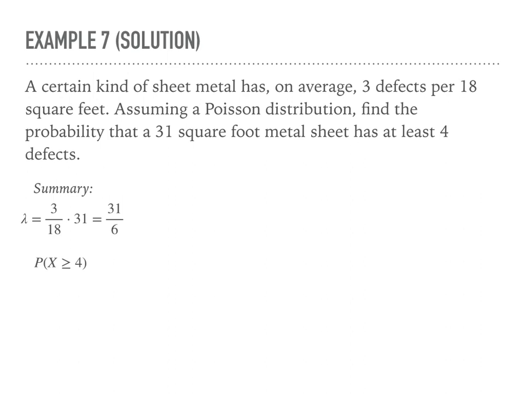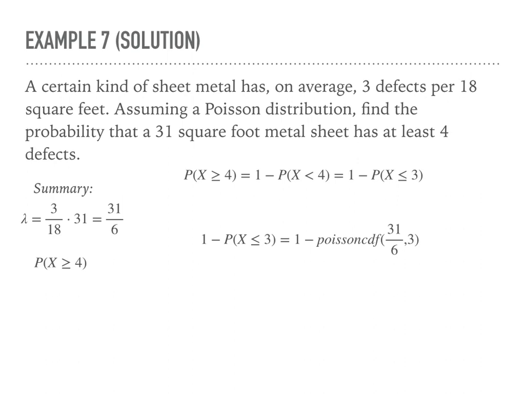This gives you 31 over 6. We're looking for the probability that x is greater than or equal to 4. So you're going to be doing 1 minus Poisson CDF, 31 over 6, comma, 3. This gives you the probability that a 31 square foot metal sheet has at least 4 defects equals 0.758.